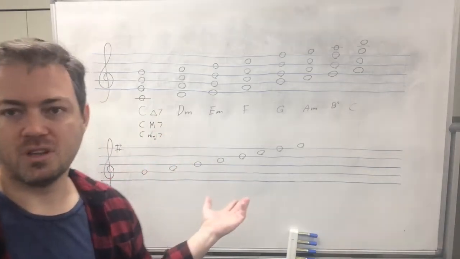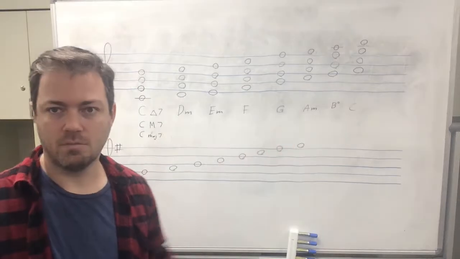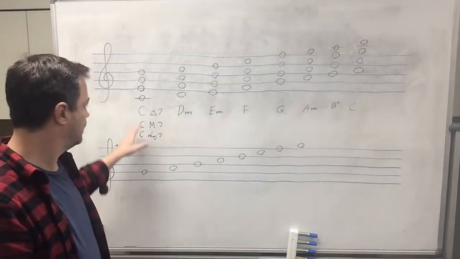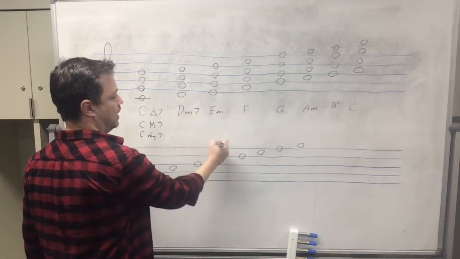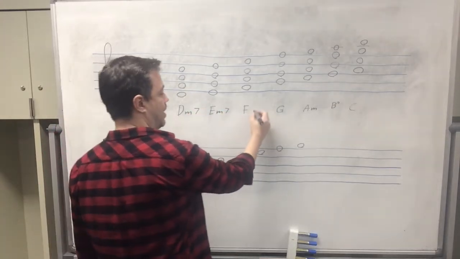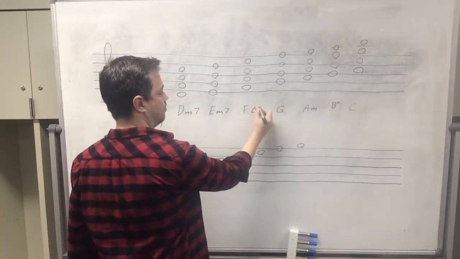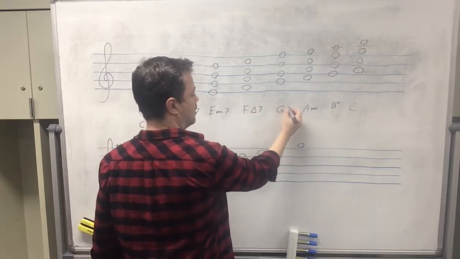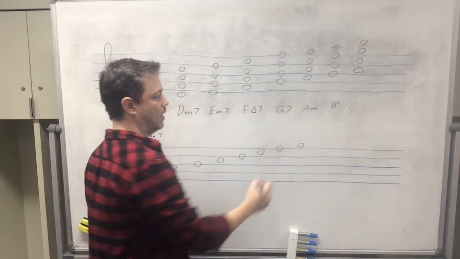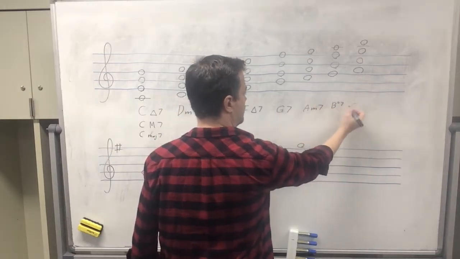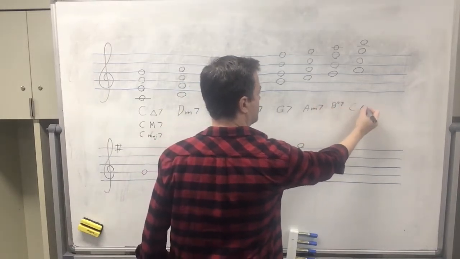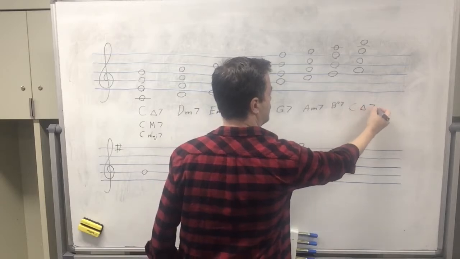And I see all 3 of those regularly in music that I read and play. But anyway, C major 7 for the first one, D minor 7, E minor 7, F major 7, G7, A minor 7, and B diminished 7th, and C major 7.